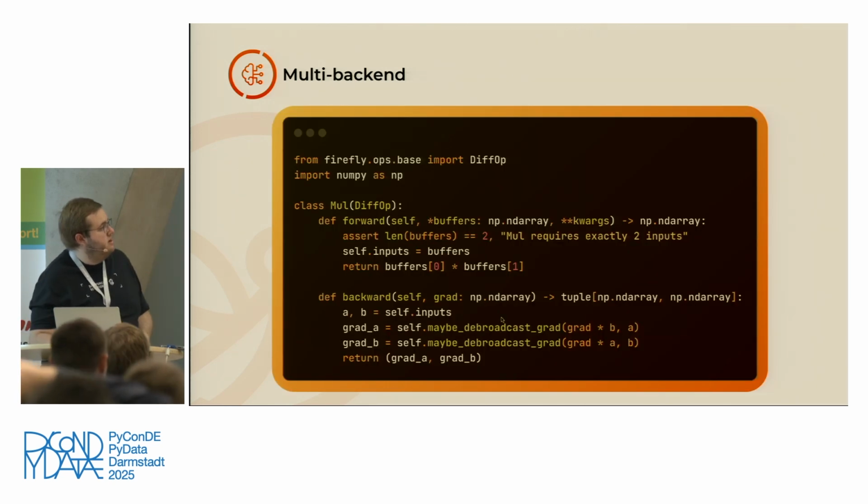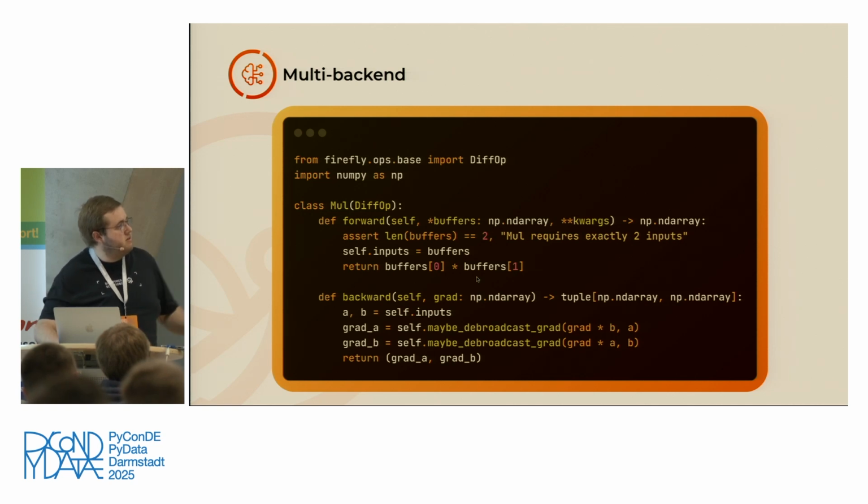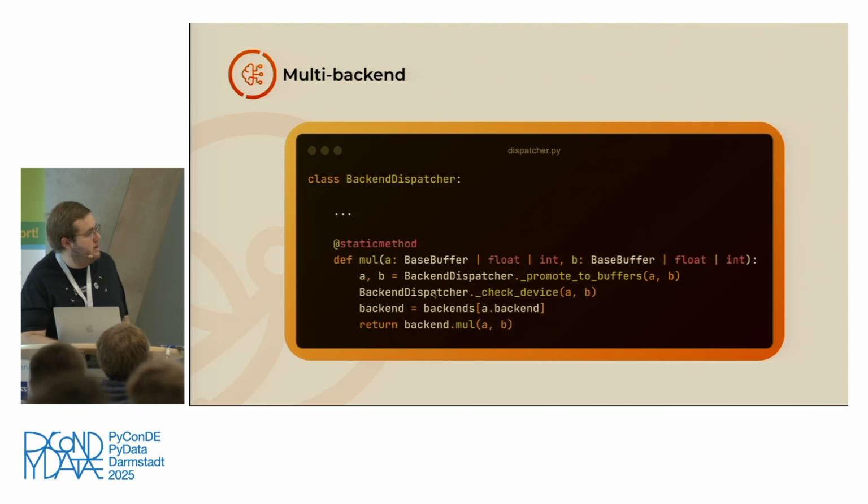So, for example, here we are using NumPy as our computational backend, and we are calling NumPy functions or methods directly from our operator. And if we refactored it a little bit, we would have some backend dispatcher, and we would only call the multiplication of the backend dispatcher, and the backend dispatcher itself would determine which backend needs to be used by the type of the buffer that is being passed, and call the multiplication on the respective backend.